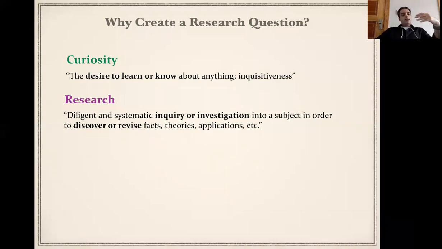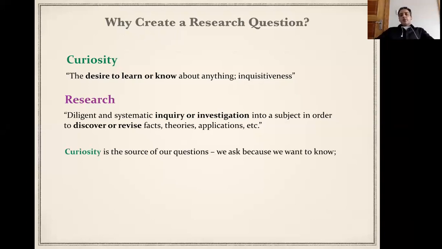So you need to invest time in finding out what that gap is. If I say curiosity and research are directly proportional to each other, exactly right. This is how it works.